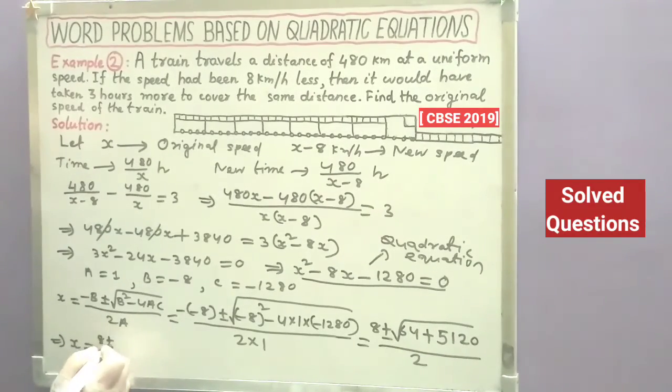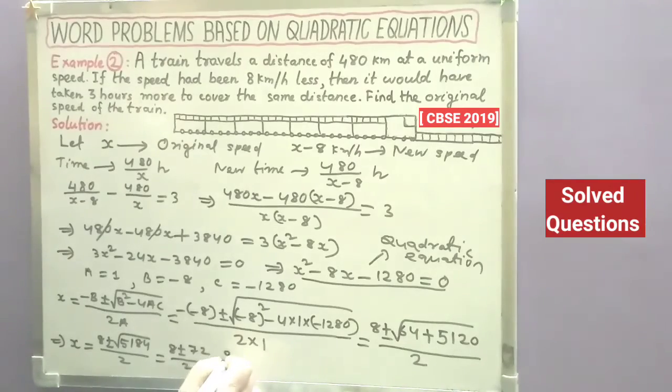That implies that x equals 8 plus minus square root of 5184 by 2, that equals 8 plus minus 72 upon 2, because square root of 5184 equals 72.